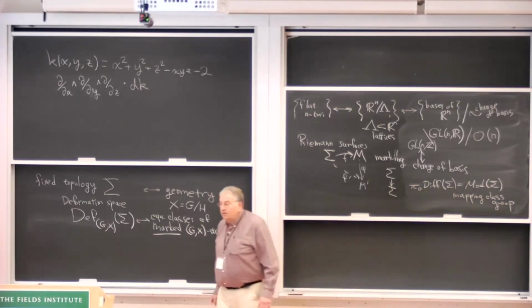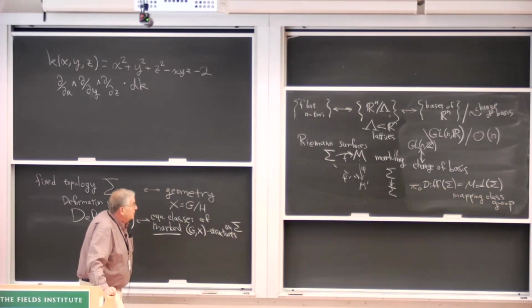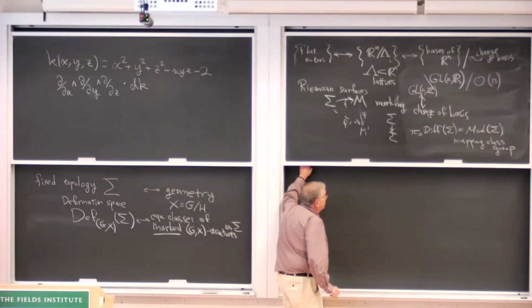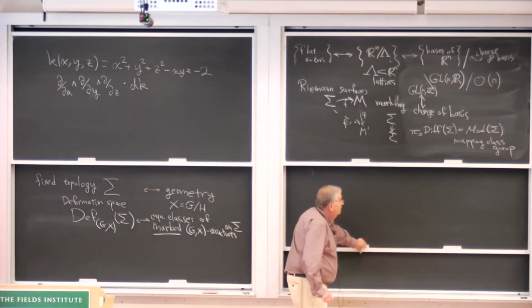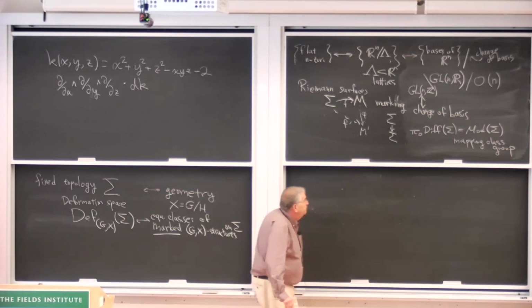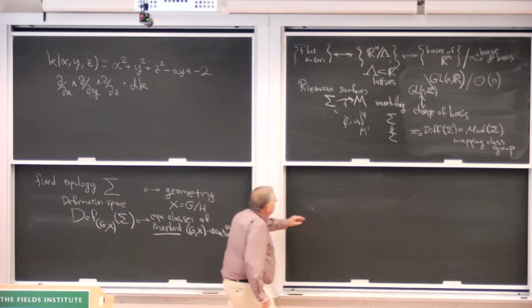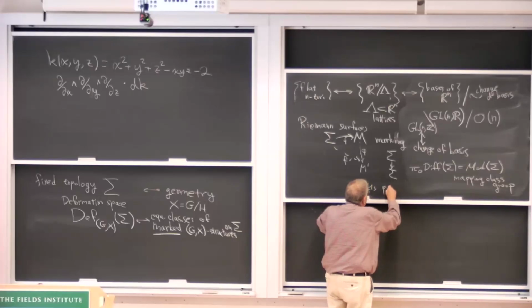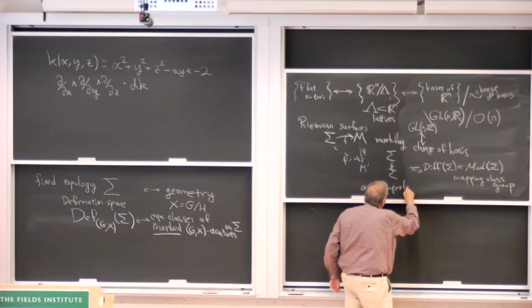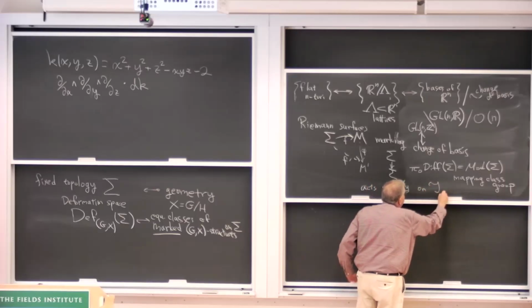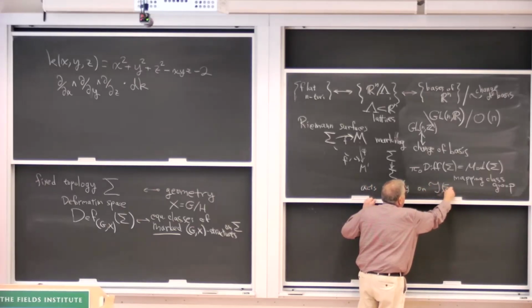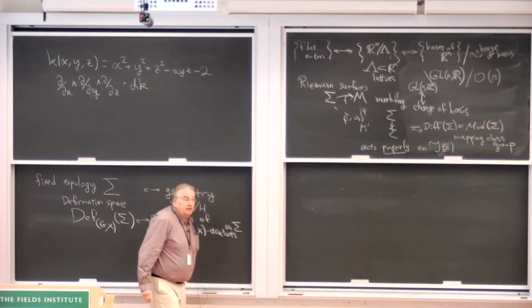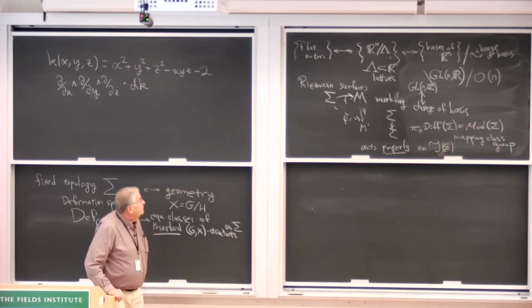Now, the mapping class group is a very important group. It's sort of the structure group of low-dimensional topology. And the key point is that the mapping class group acts properly on the Teichmüller space, in the same way that GL_n(Z) acts properly on the homogeneous space, the symmetric space of GL_n(R).